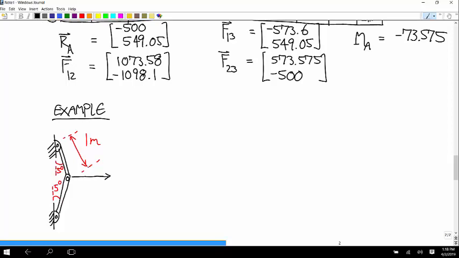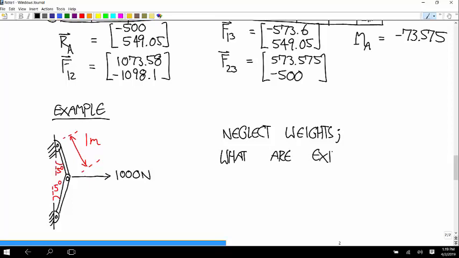And at the joint, let's apply a force of 1,000 newtons horizontally. And we'll neglect the weight. What are the external loads on each member?